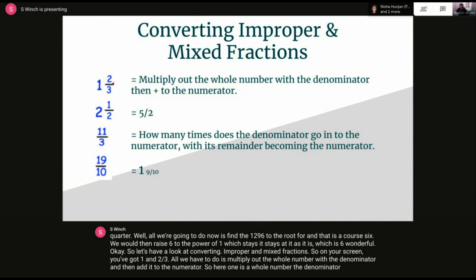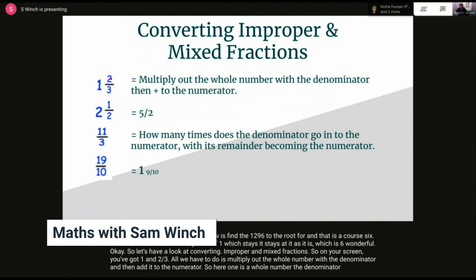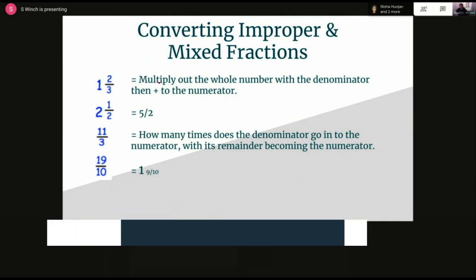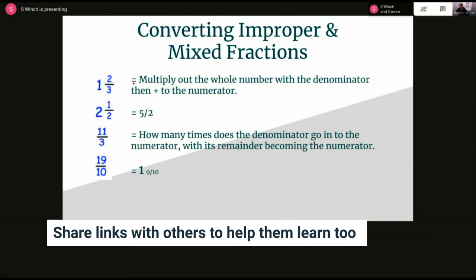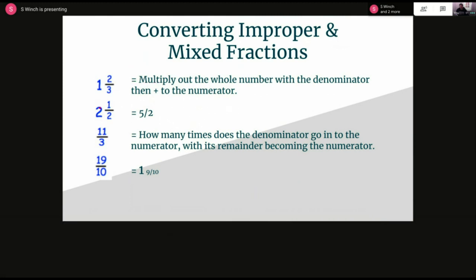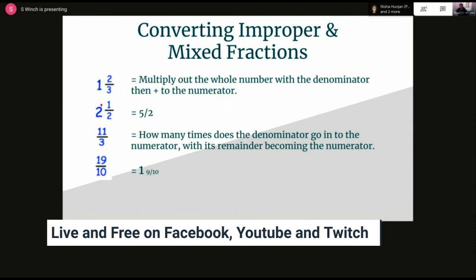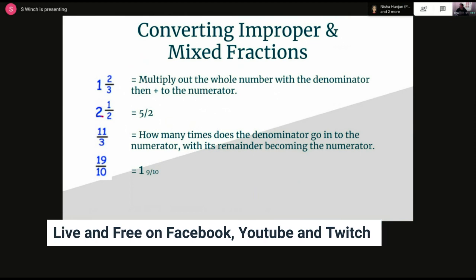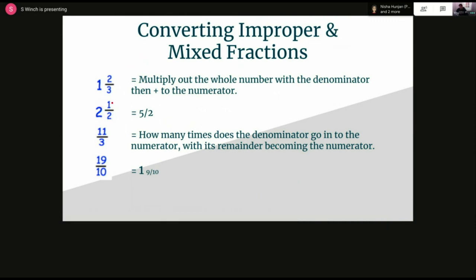Add that to the numerator, which gives us 5. So the answer to the top one would be 5 over 3. The denominator stays as it is. Same process here. You've got 2 as the whole number, multiplied by the denominator to make 4, add it to the numerator to make 5, and then of course you've got the answer of 5 over 2.